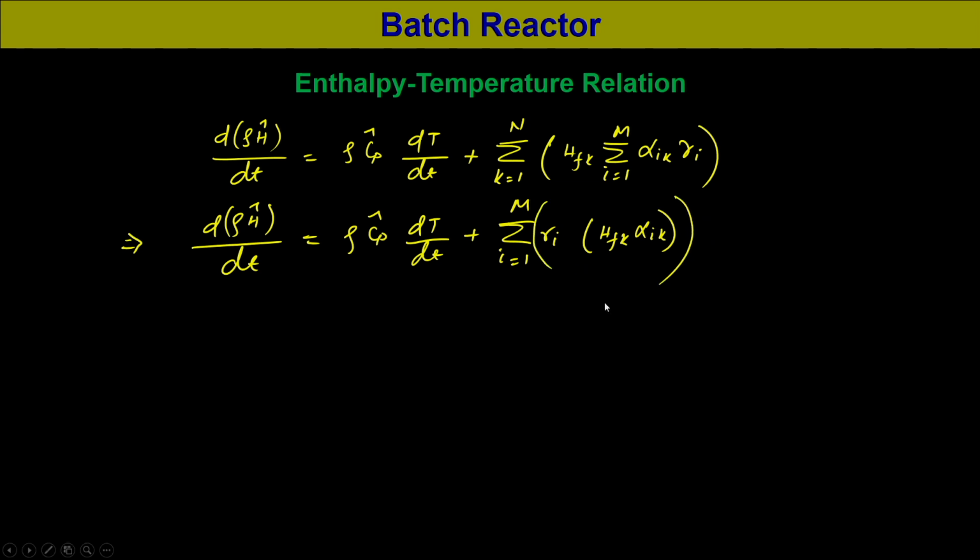So, this will be summation over this. This term, the summation over heat of formation H f k times the stoichiometric coefficient for the m number of chemical reactions, can be recognized as the heat of reaction, which is the definition of the heat of the reaction.